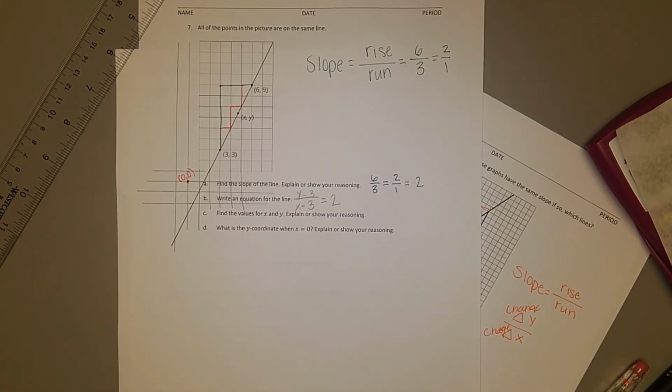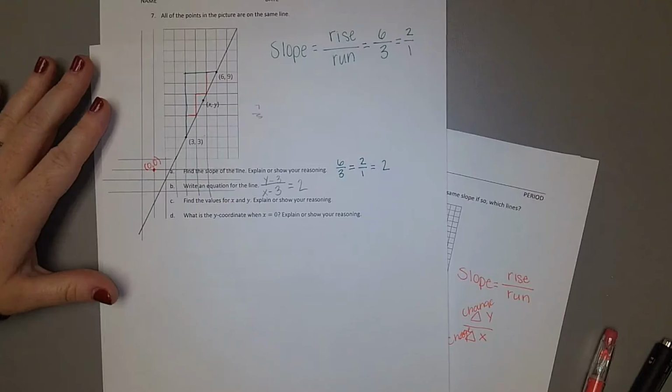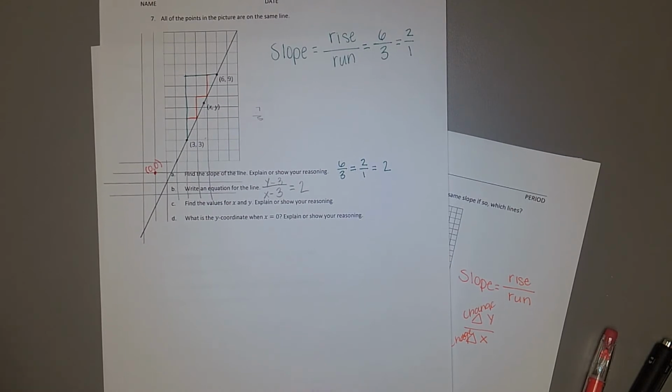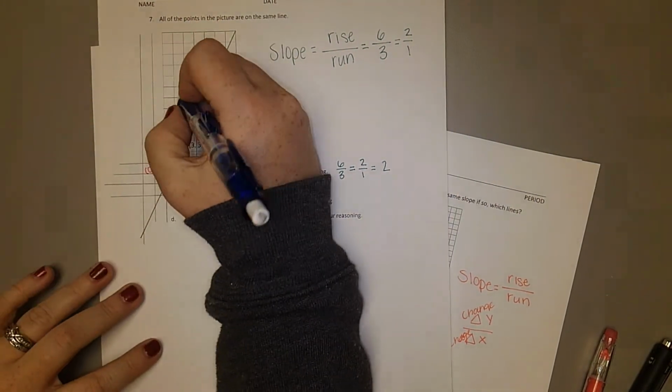C. Find the values of x and y. Show or explain your reasoning. So we know that when you subtract 3 from them, they need to equal 2. All right, so looking over this again and at the actual test question, the test will give you a point where you know one of them.